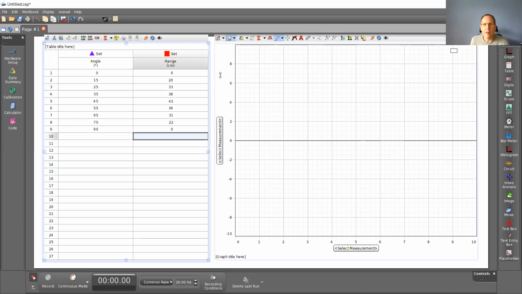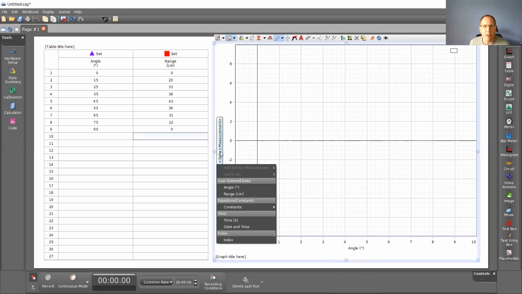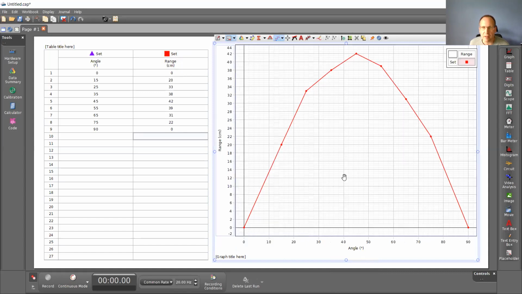Okay, so on the X, I want to plot angle. On the Y, I want to plot range. Actually, that looks pretty good. For the title, I'll put range versus angle. Right, always Y versus X.